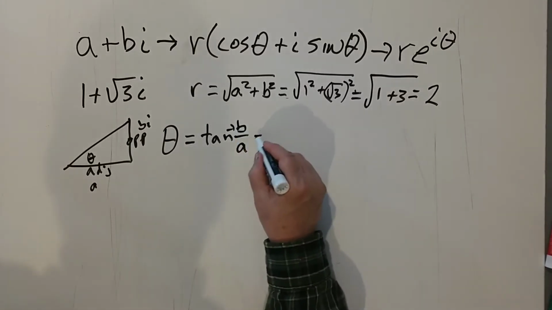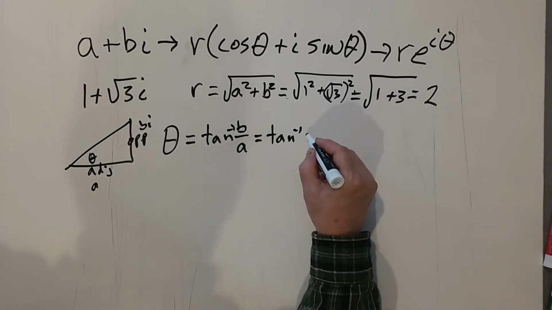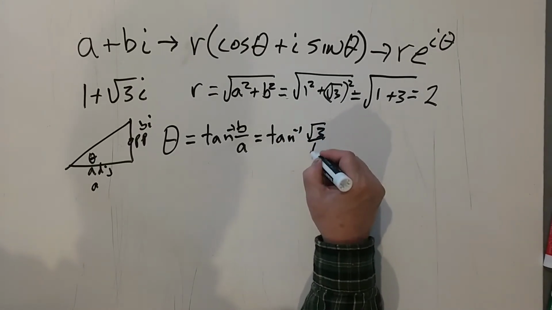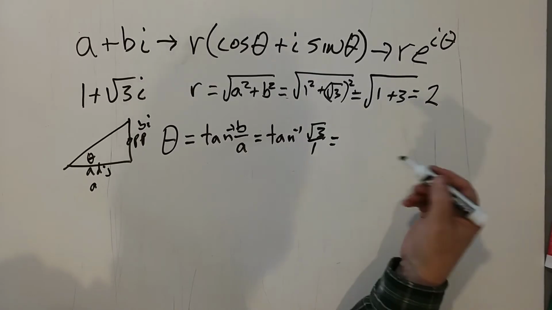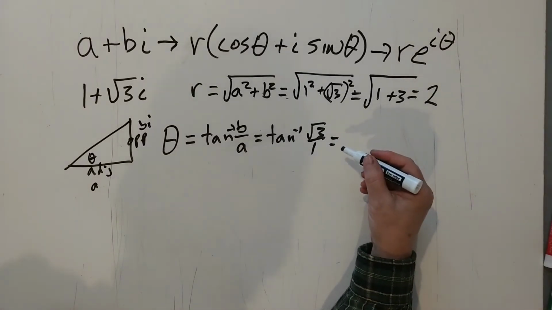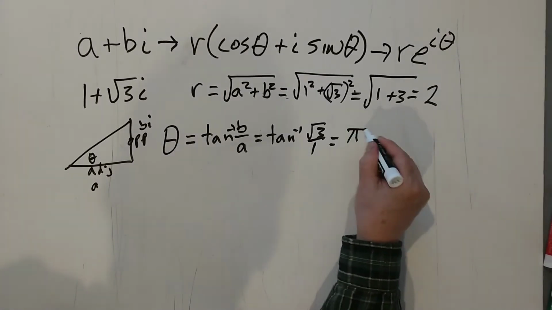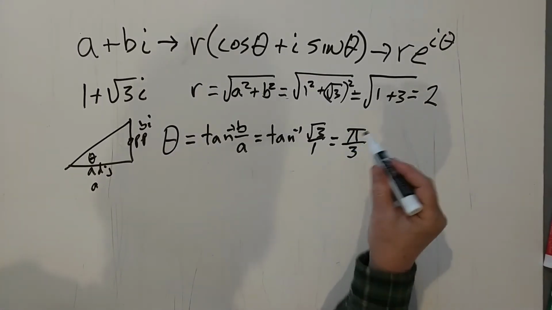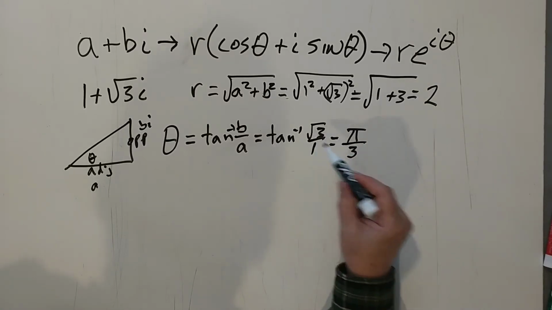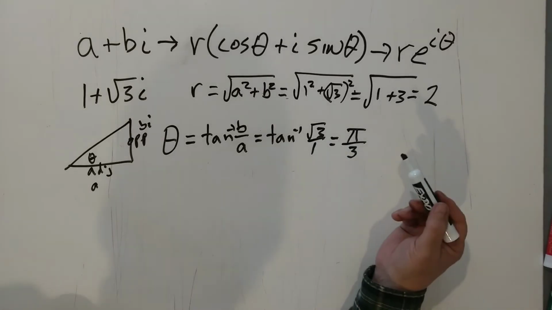So we're going to want to find the inverse tangent of the square root of 3 over 1. If we look on a chart or we do the calculations on our calculator, this will come out to a number which we'll discover is pi divided by 3. If you do that on a calculator, multiply by 3 and you'll get pi, and that's how you know that it'll be pi over 3.